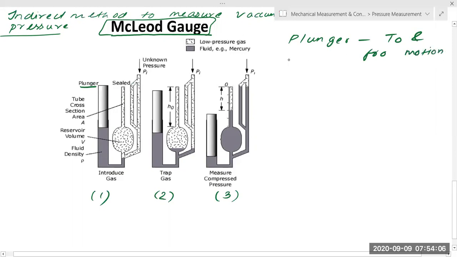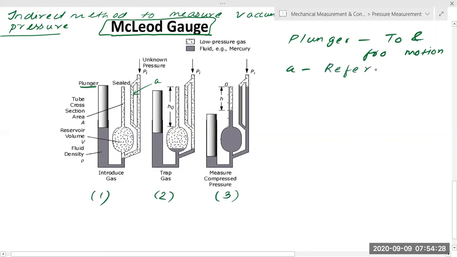Now the second part that you can see here, I will name it A. This A part is called the reference capillary.